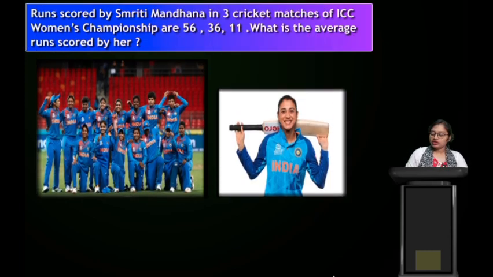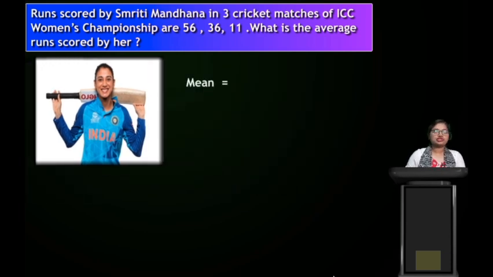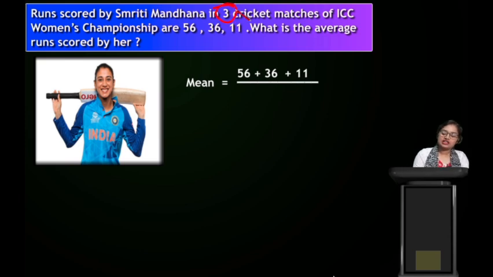Here you can see these are the 3 scores scored by Smriti Mandhana. So what is the formula for the mean, children? Yes, it is the sum of values of all observations divided by the number of observations. Here 56, 36 and 11 are the observations, so we have to add these 3 observations. And what about the denominator? Yes, here you can see this is 3, because she played 3 matches.